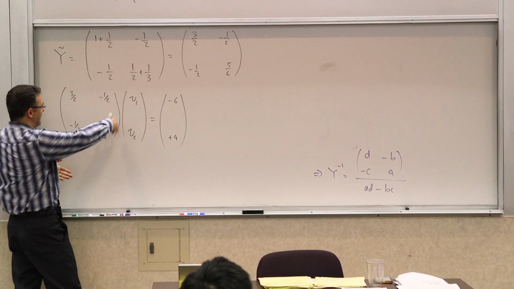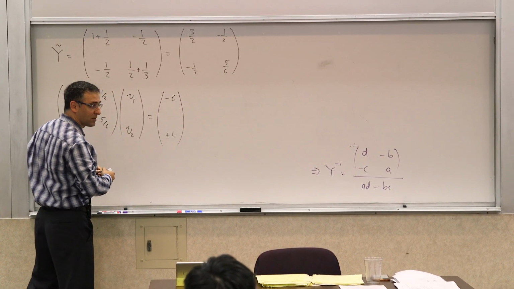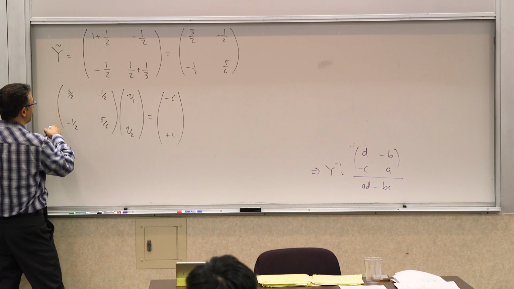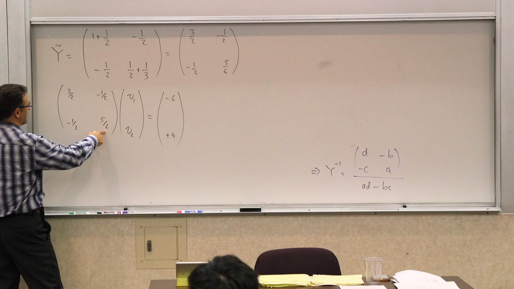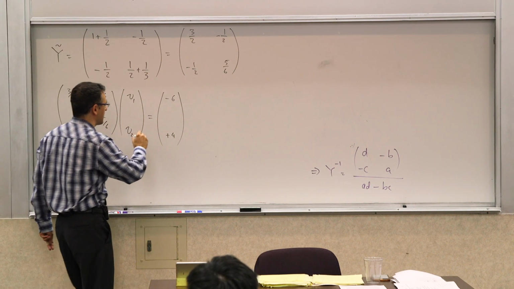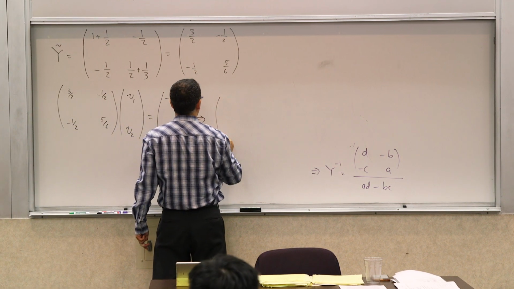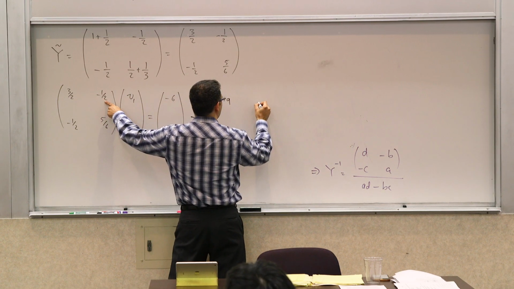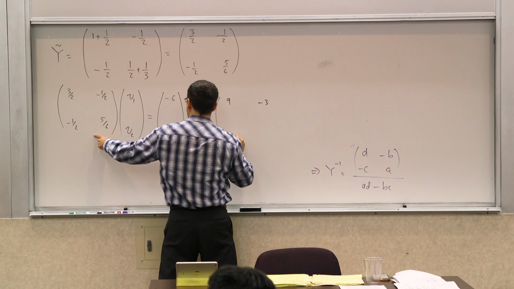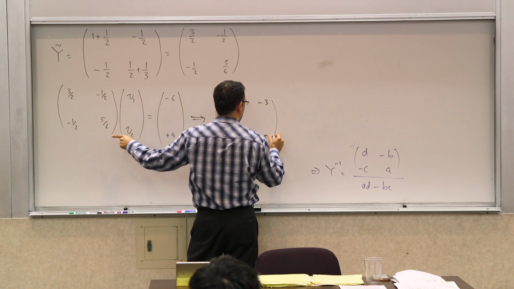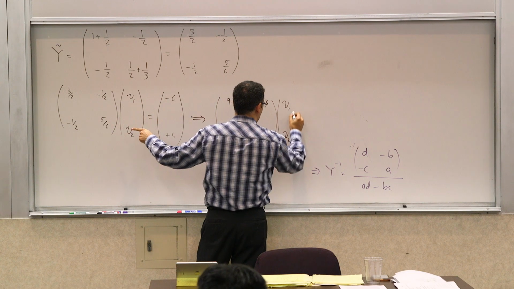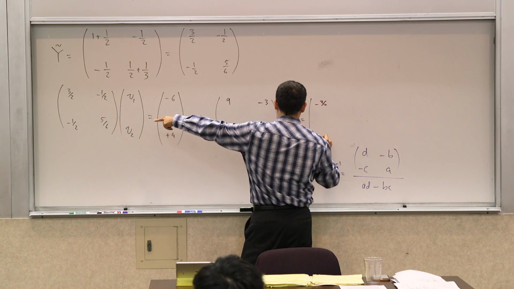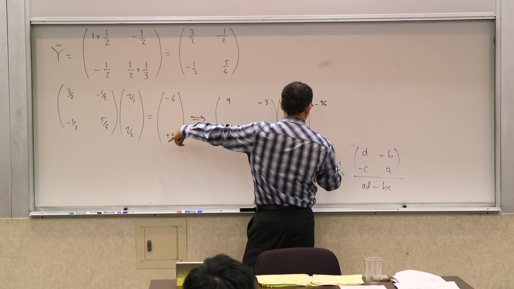In this case, I multiply everything by the least common denominator, which is 6, to get rid of the fractions. So if I multiply by 6, I get 9 there, -3, -3, and 5 times v1, v2 equals, and this side multiplied by 6: -36, positive 24.